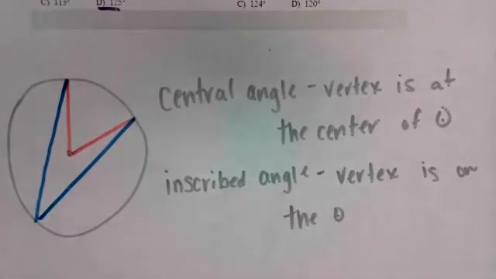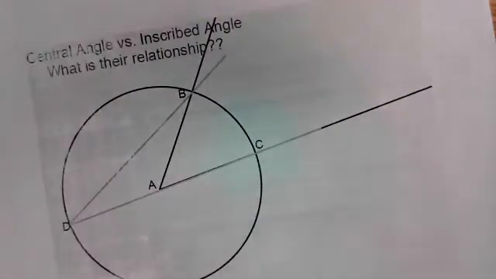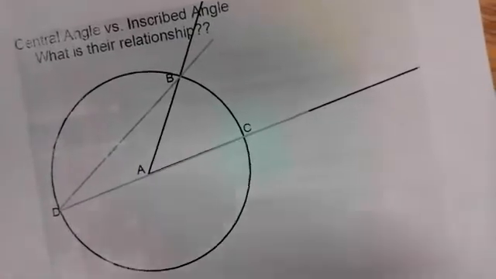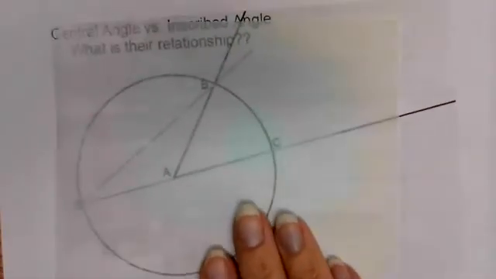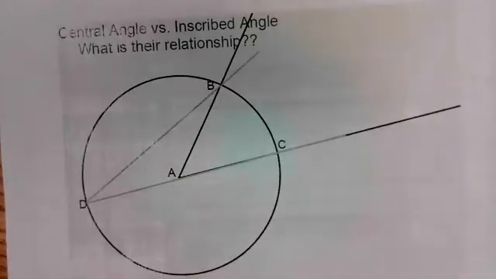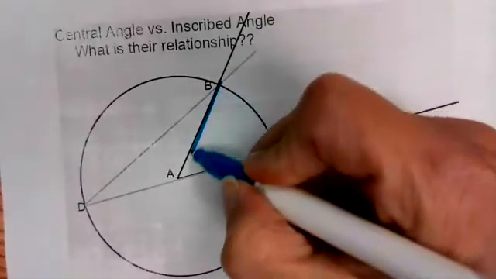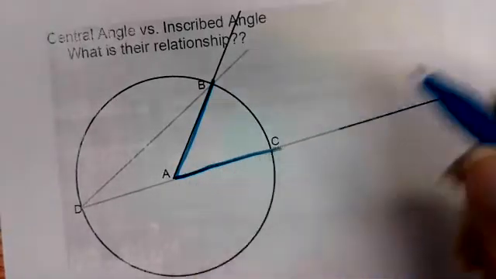So I've got a picture here. Bad news, I printed this, so I can't manipulate things, but I do have some patty paper. All right, so I have a central angle. Angle BAC is a central angle.